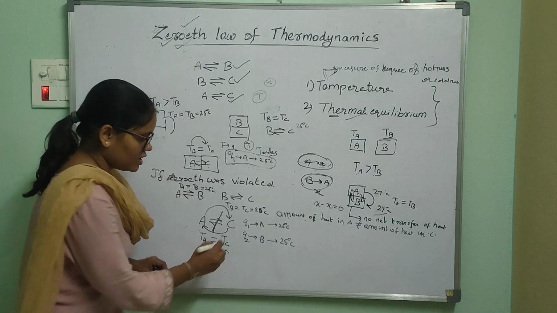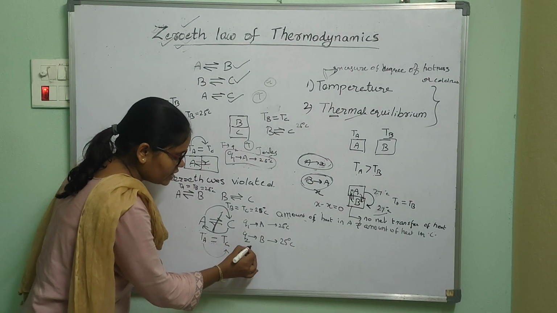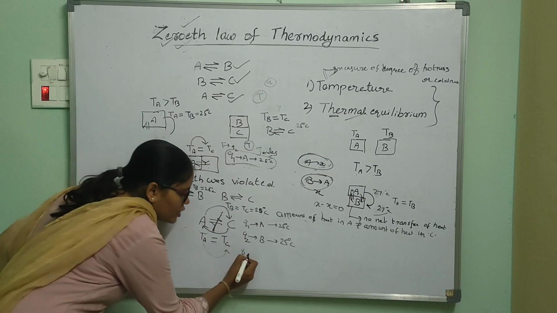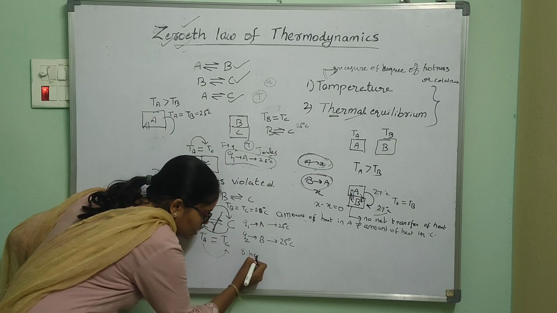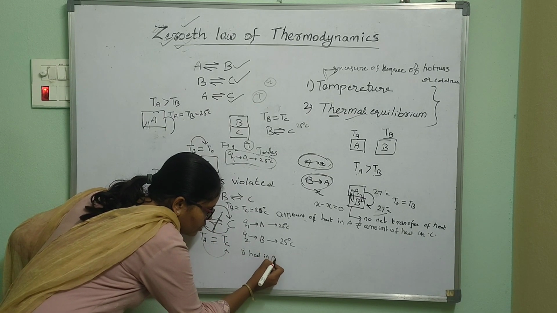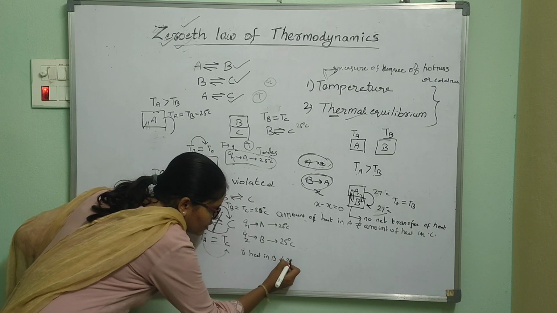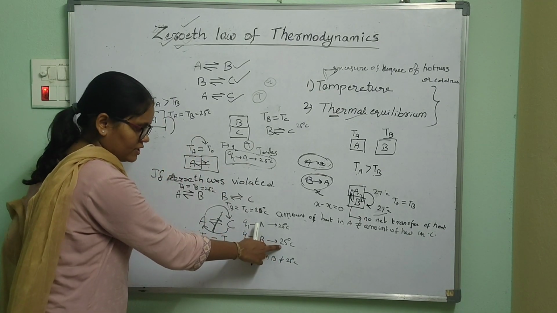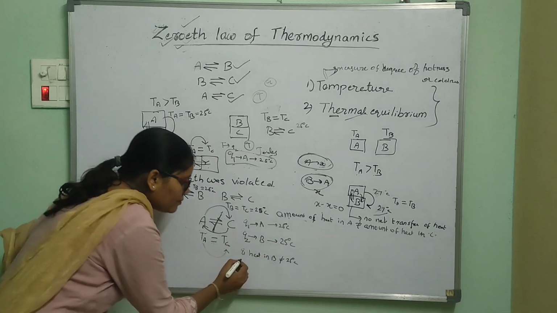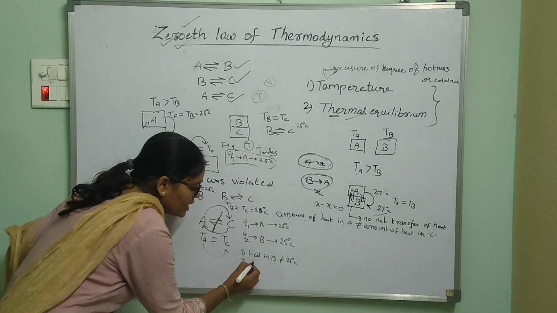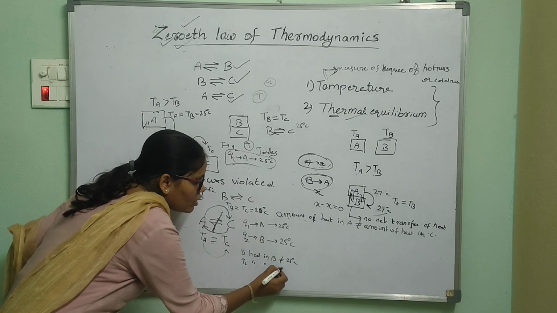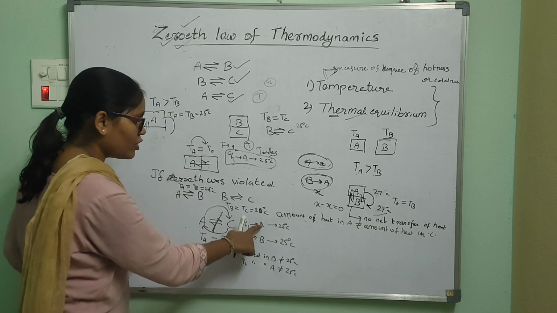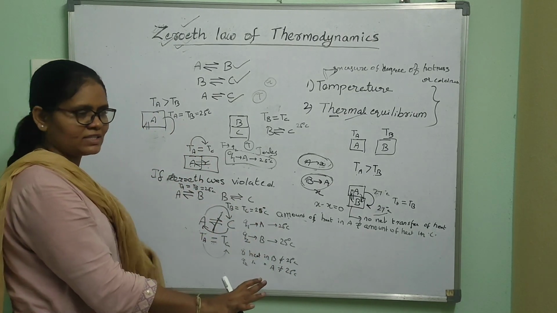That means Q1 amount of heat in B will not be equal to 25 degrees centigrade, because Q2 amount of heat in B is 25 degrees centigrade. And Q2 amount of heat in A will not be equal to 25 degrees centigrade, because Q1 amount of heat in A is 25 degrees centigrade.